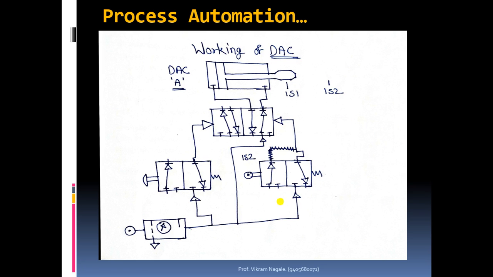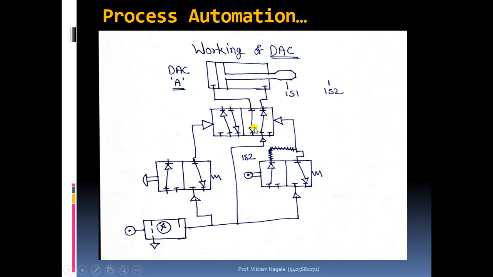Pressure will get applied on the right hand side of the valve as soon as this 1S2 is getting pressed. So whenever this 1S2 rod end comes to the 1S2 position, the 1S2 limit switch will get pressed and it will apply the pressure on the right hand side, and then it will activate this right side block.